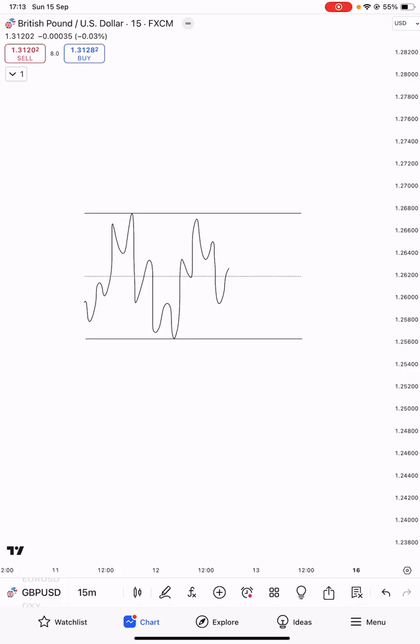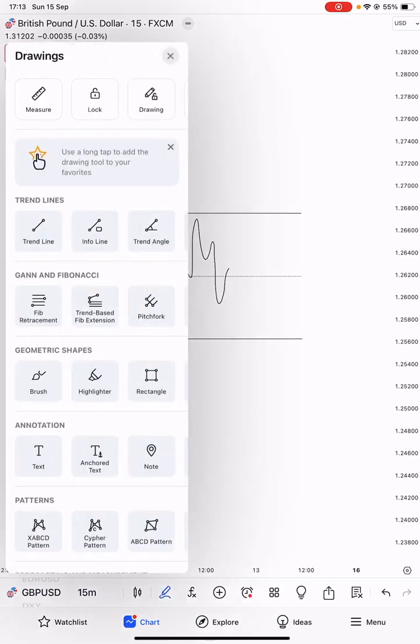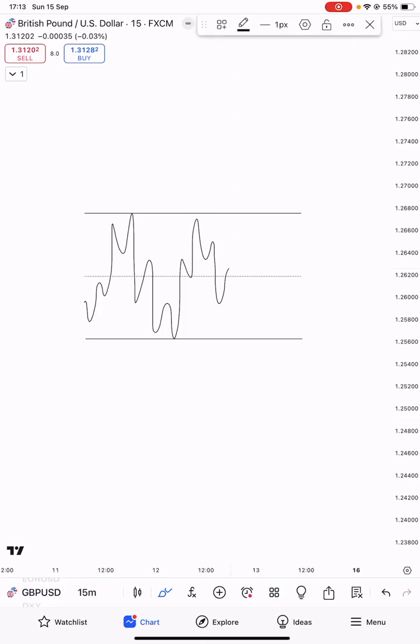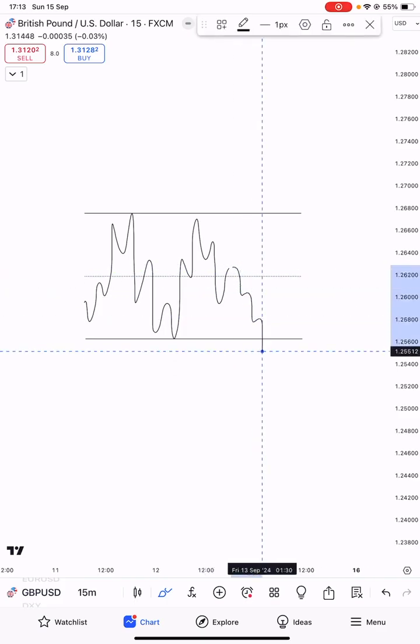Now, this model is a controlled model, so you are engaging price exclusively at the high, the low, and the equilibrium. Yes, the equilibrium too, because one type of entry is: price manipulates down into the range low. You buy this with a clear invalidation, and invalidation can be either an intermediate-term low, in this case to the left.